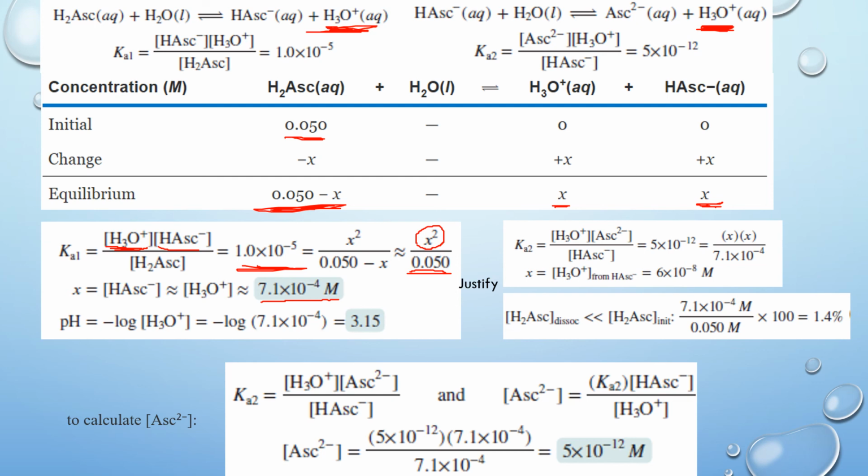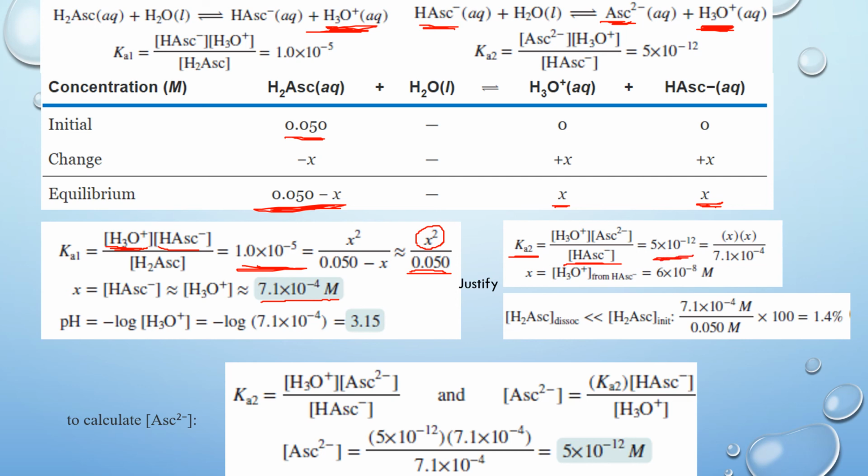Using the Ka2 value, which is equal to the proton generated from the second reaction times the conjugate base in the second reaction, divided by the HASC minus, which is the reactant in the second reaction.